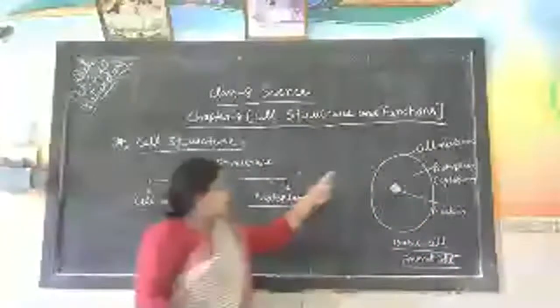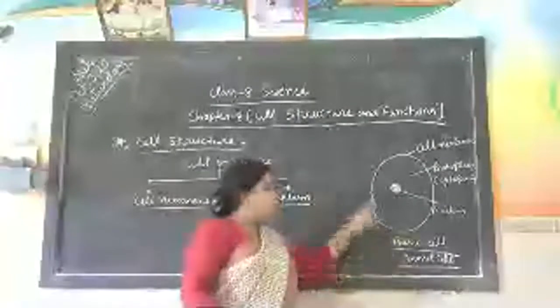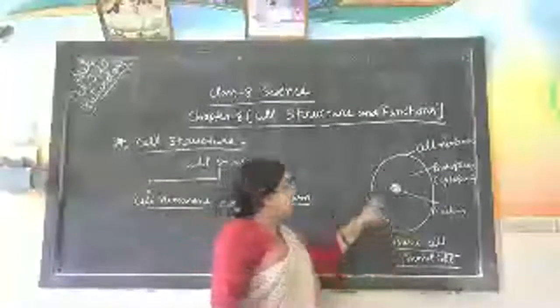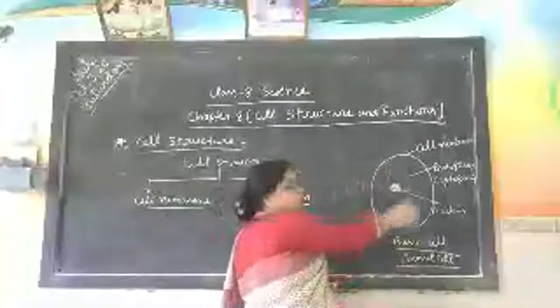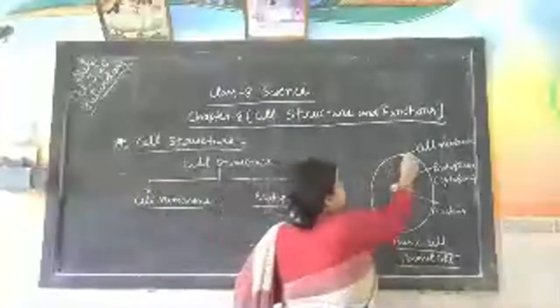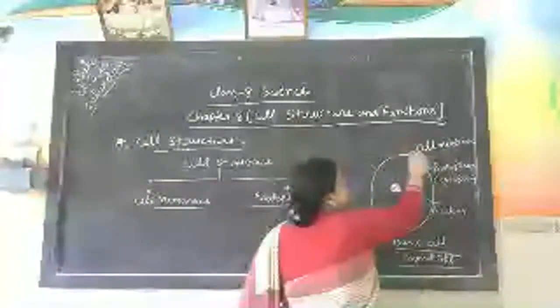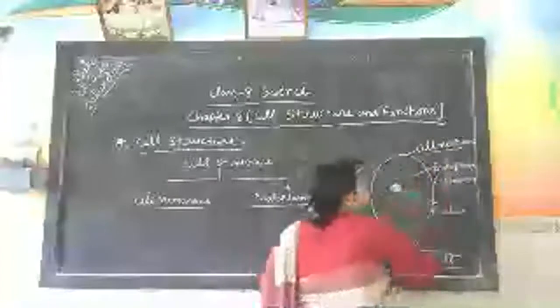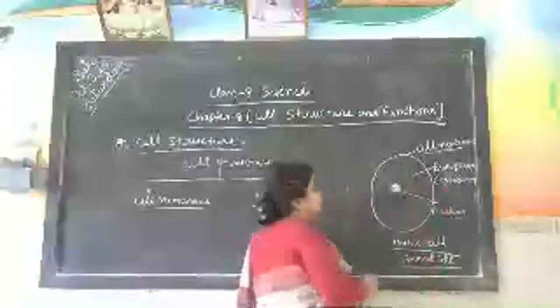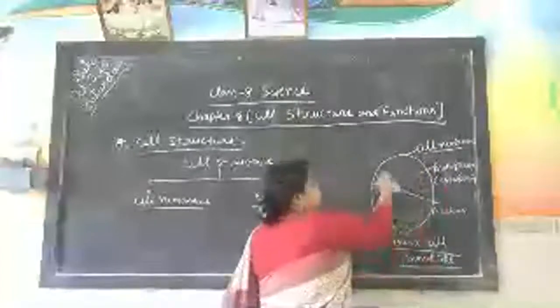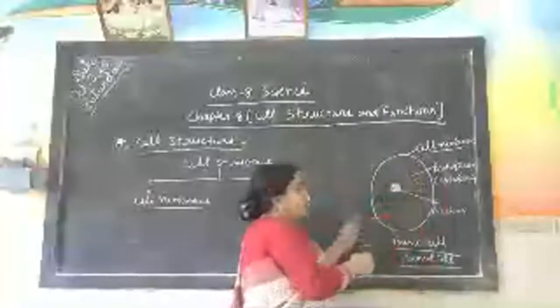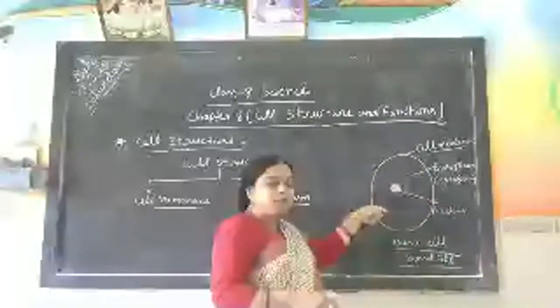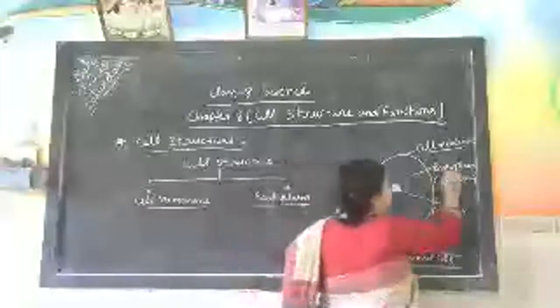This is a normal cell, basic cell. This is an animal cell. In this figure, we can see that the outer layer of the cell is cell membrane. And the liquid content of the cell is protoplasm.